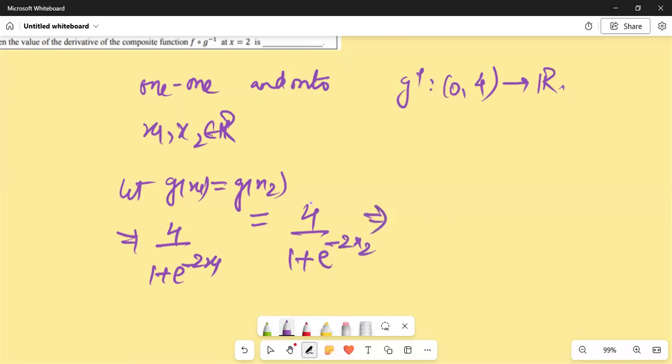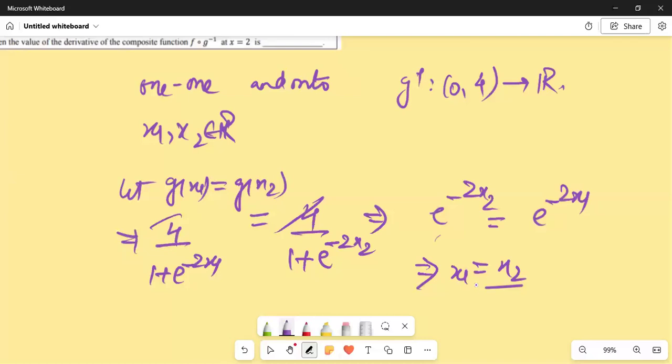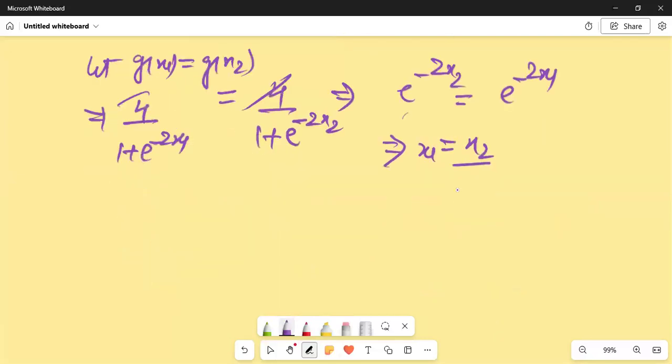This gets cancelled, and cross multiplying the terms, you get this, and you can apply the natural log on both sides. You will get x1 equals x2. So you can see that g is 1-1.